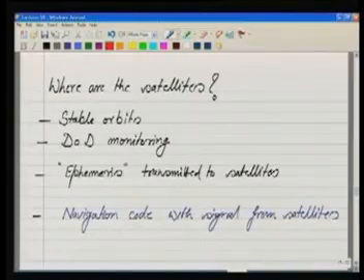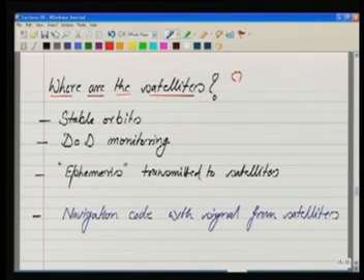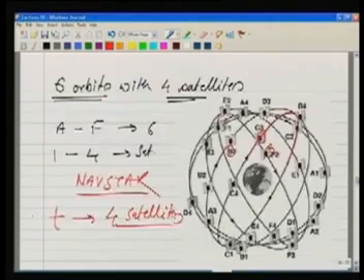Okay. Another question which we left there was, where are the satellites? Because we need their position. Wherever the satellites are, we need their position, because while we are standing on the earth with the receiver and measuring distances from 4 satellites, I need to know their coordinates.